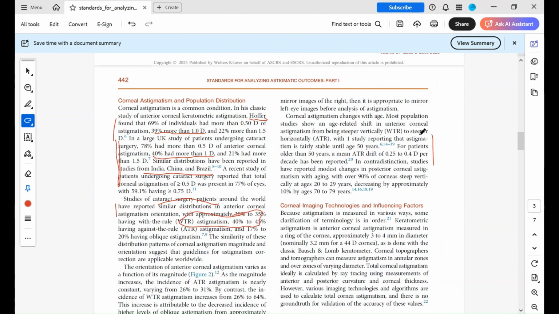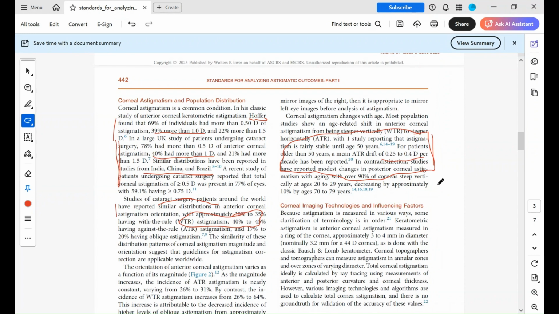Now, this is a very important concept. There is a drift of astigmatism from with-the-rule to against-the-rule, right? And by most studies, there is usually a drift of 0.25 to 0.4 diopters per decade.